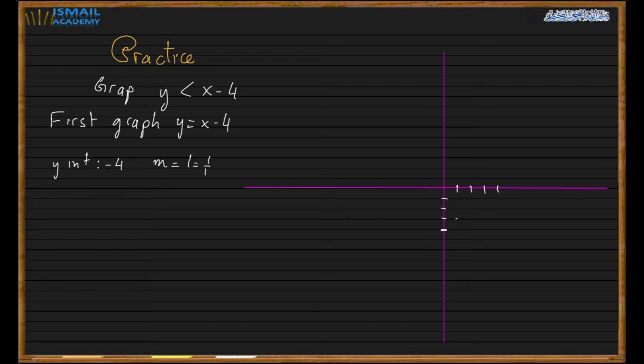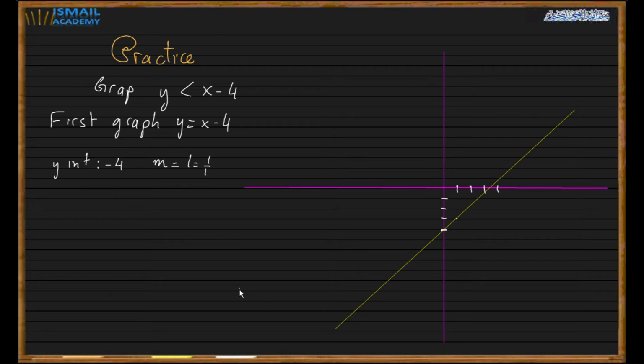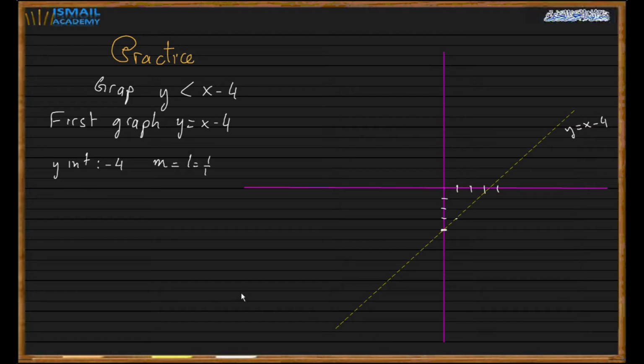Now I draw my line and extend it. This is my line, y equal x minus 4. I said earlier that if this is less than, I need a dashed line, so I change it to a dashed line. Now my graph is okay.